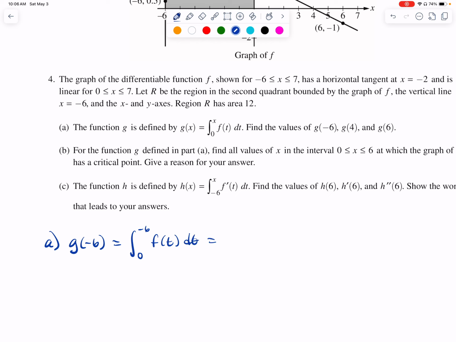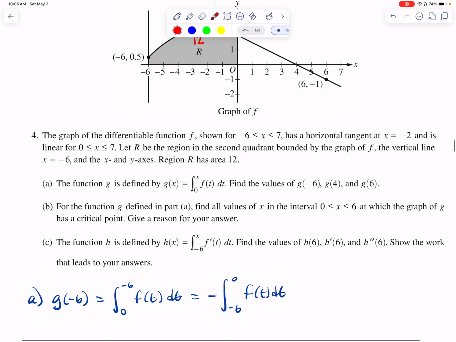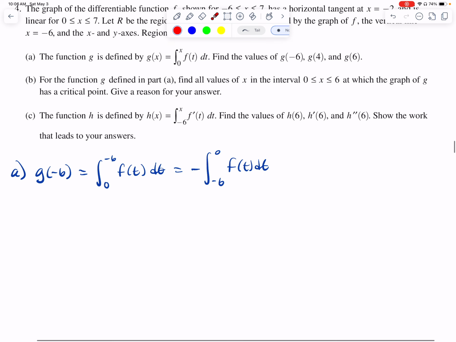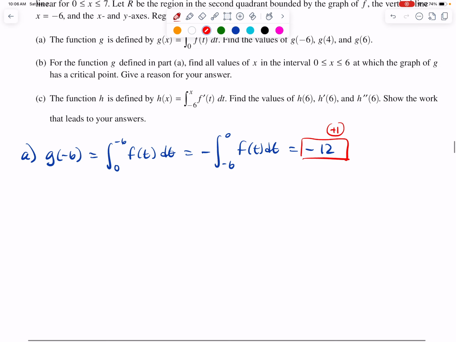I'm going to switch those limits of integration here, and when you do, that negates the whole integral, so negative integral from -6 to 0, f of t dt, and we're just going to pull this as area underneath this curve, which from -6 to 0 is just region R, which is 12, so this is the negative of 12, and there you have it there. I believe that is going to be the first point there.